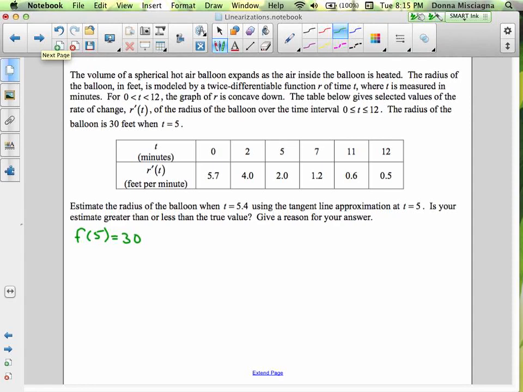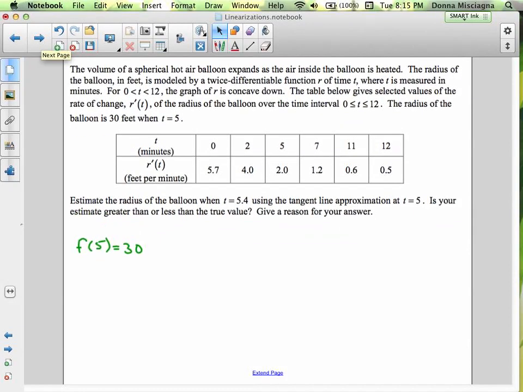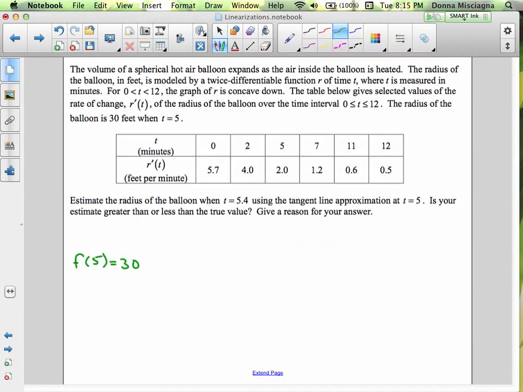All right, so we have our x is 5.4. The value we're going to use is going to be 5, because we know that one, and it's close. F of 5 is 30.